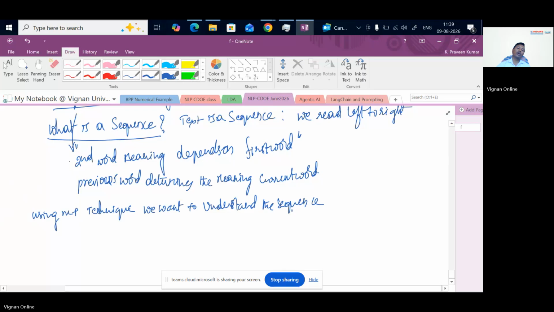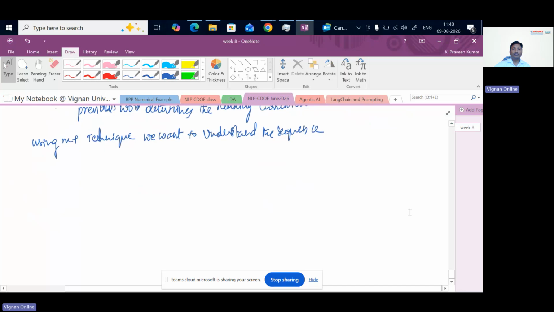So actually we want to understand this using machines, or using neural networks. This is the target actually. So till now, what is a neural network, very quickly.